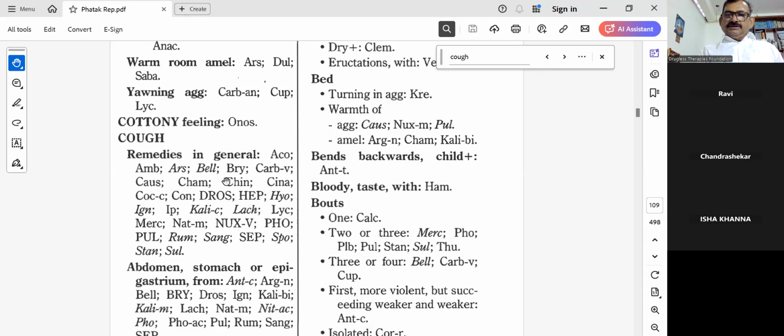Then we can give this remedy, a single remedy, along with CCA, chest tonic, and allergy balance. I told you, you have to go through the breakdown, and based on that, you can decide.